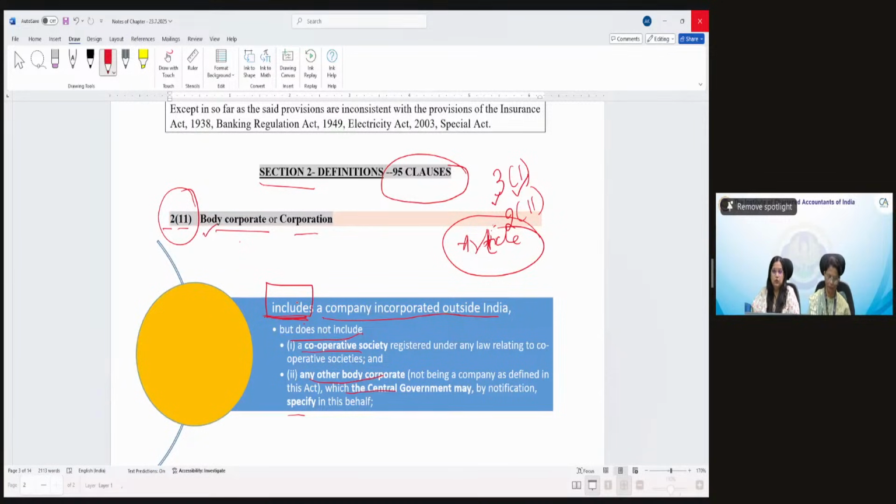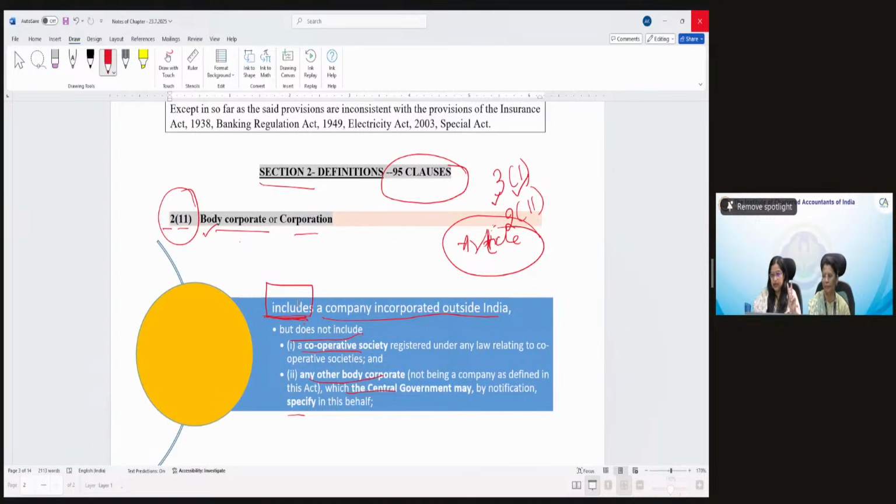So this definition has two limbs. One is that whatever you understand in common parlance as a body corporate, you should definitely take it as such. Then it includes a company incorporated outside India, but it does not include a cooperative society registered under the Cooperative Societies Act and any other body corporate which the central government may specify by notification.